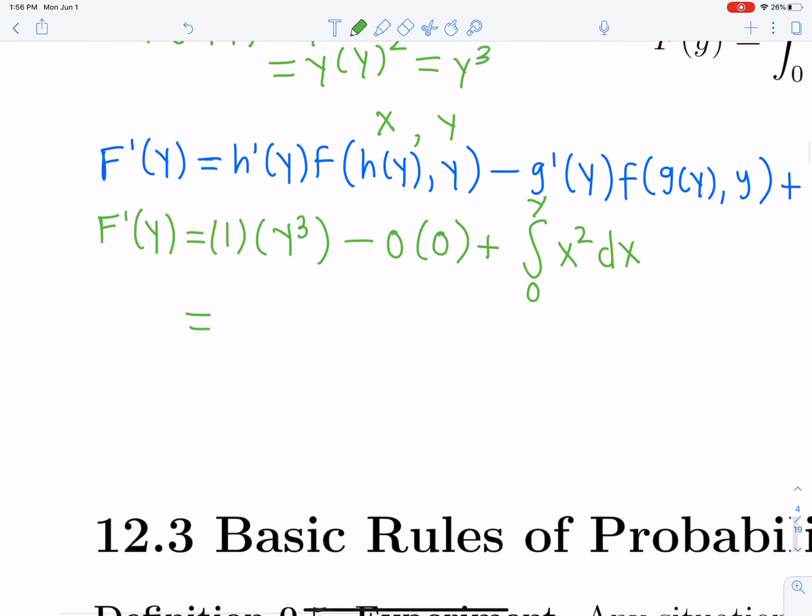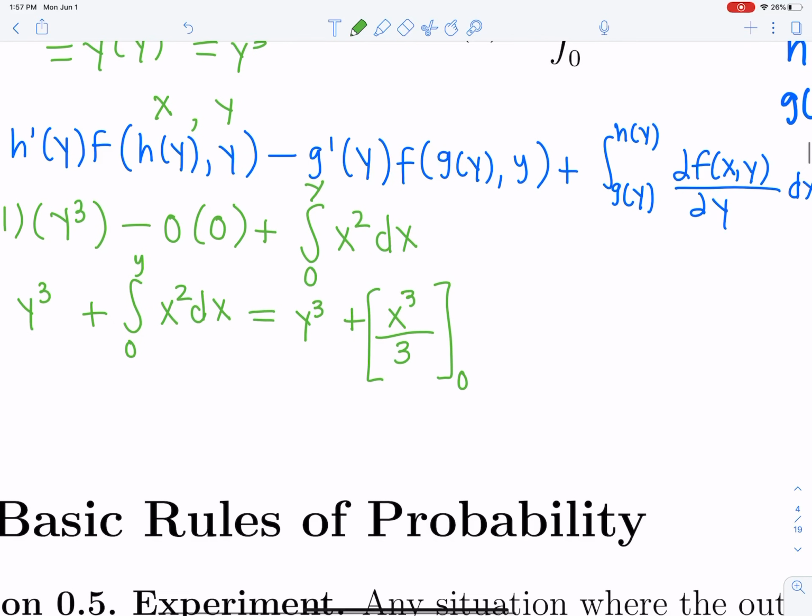So I'm going to clean it up here. So we have y cubed plus the integral from 0 to y of x squared dx. So I'm going to evaluate the integral. Using the power rule, we would get x cubed over 3, and we're evaluating from 0 to y. If I plug all of this in, y cubed plus y cubed over 3.